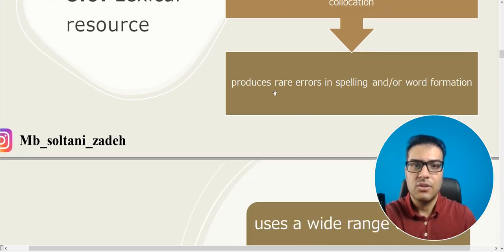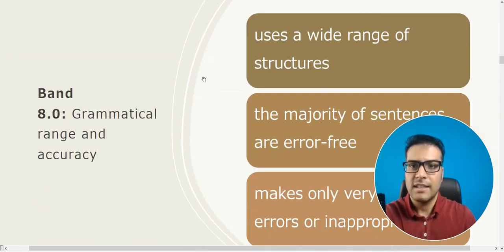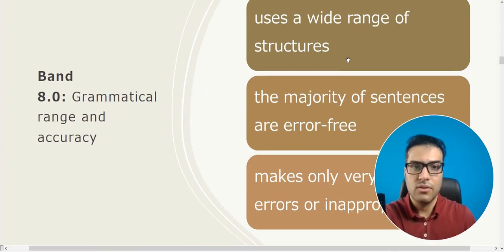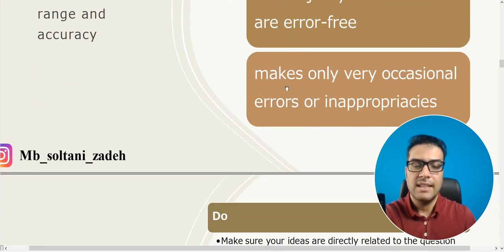And the candidate should produce rare errors in spelling and/or word formation. The last assessment criterion is grammatical range and accuracy. The candidate should use a wide range of structures. The majority of sentences should be error-free, and the candidate should only make very occasional errors or inappropriacies.